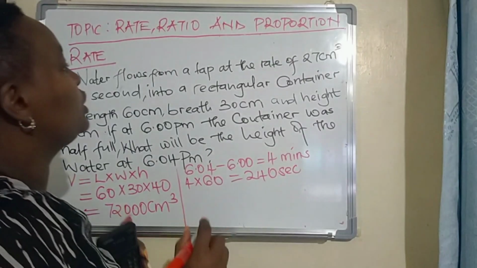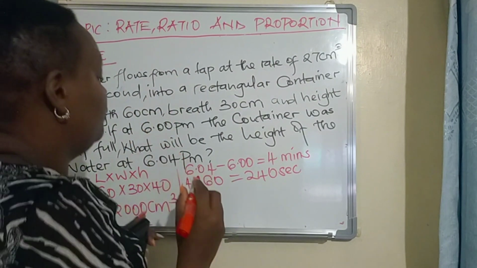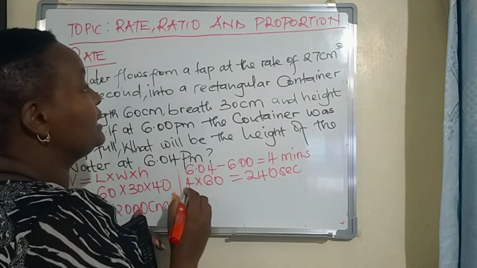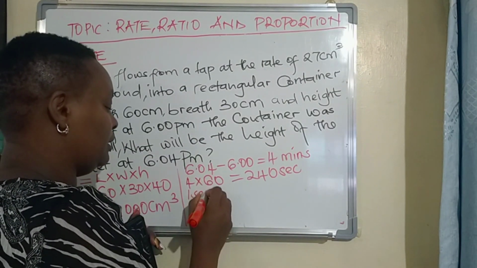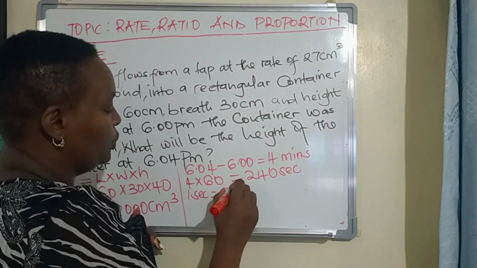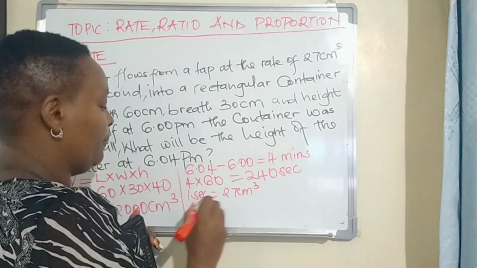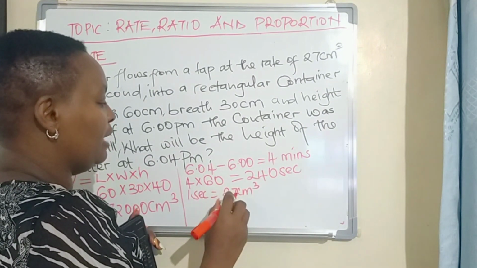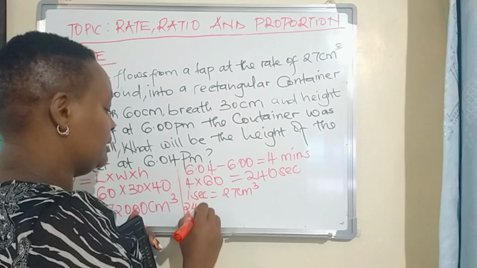And the rate at which the water enters into that container is 27 centimeters cubed per second. So 1 second is equal to 27 centimeters cubed. So how much water will have gone into the container in 240 seconds?